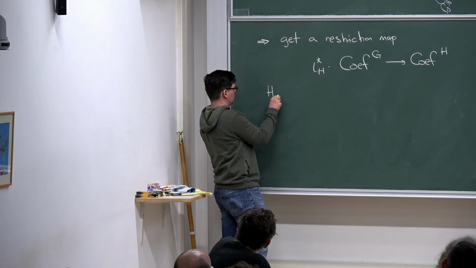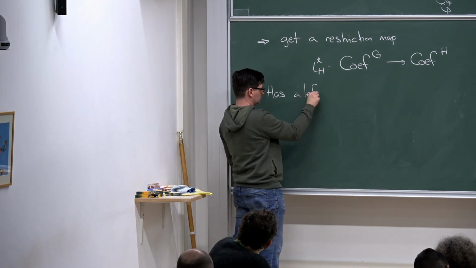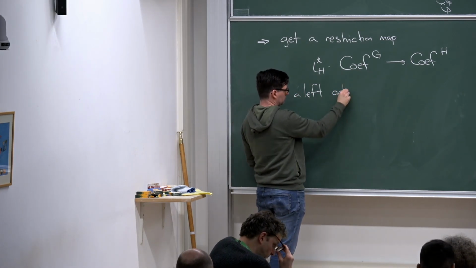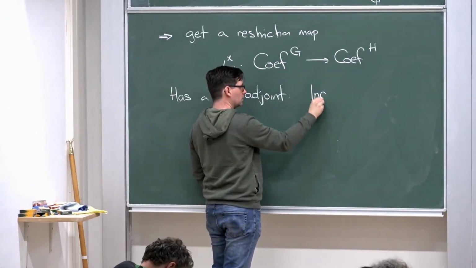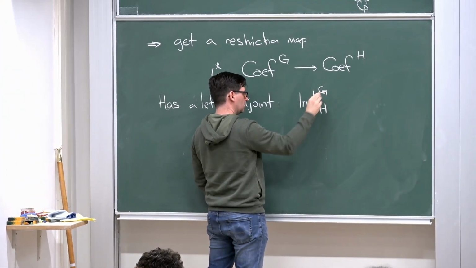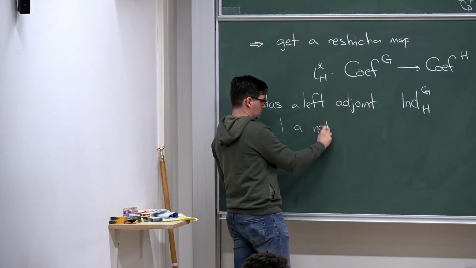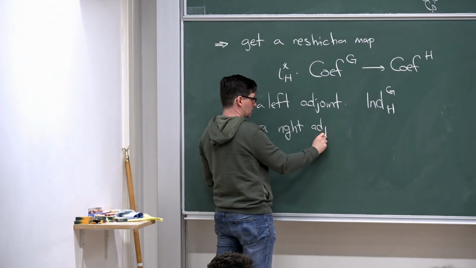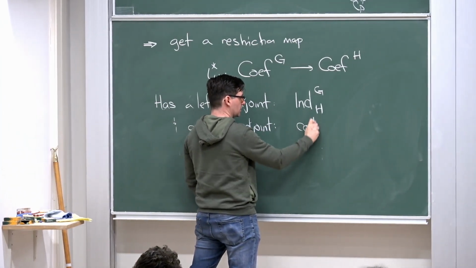So this has a left adjoint, which traditionally would be called induction, and a right adjoint, which traditionally is called co-induction.